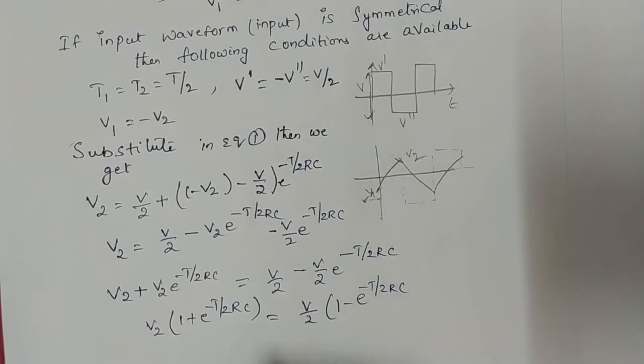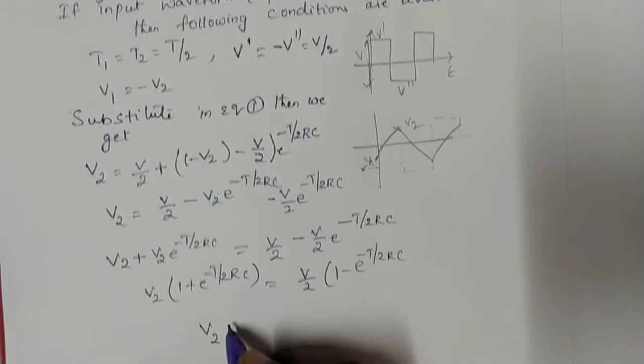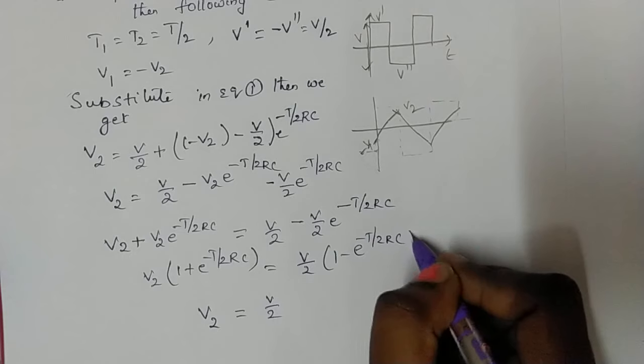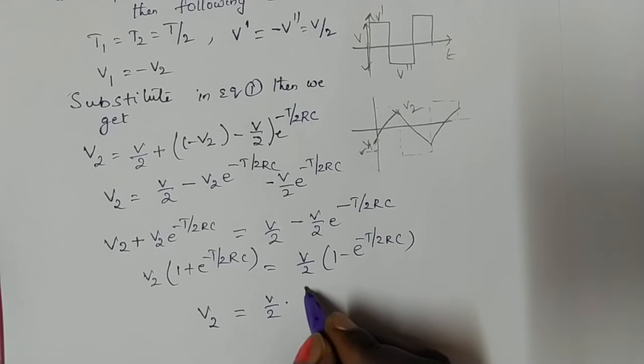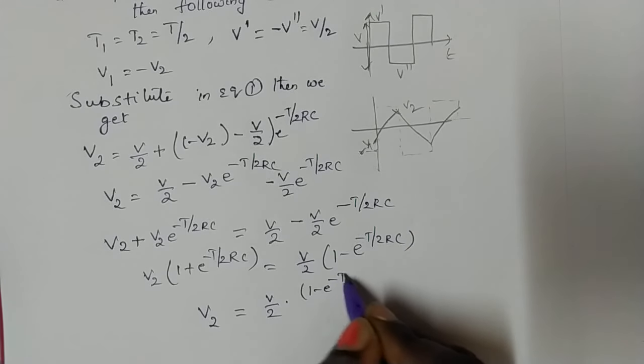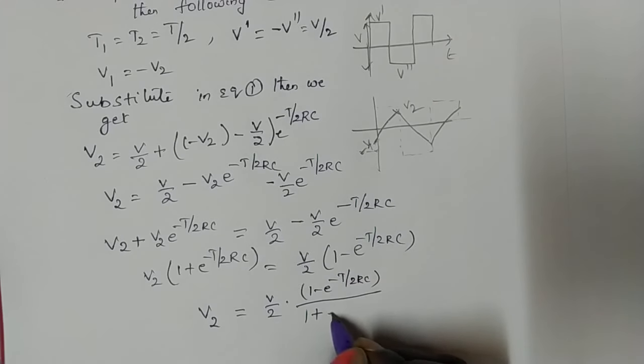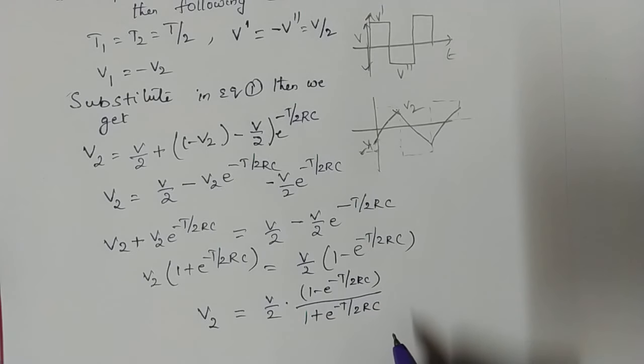Now v2 equal to v by 2 into 1 minus e power of minus t by 2 RC by 1 plus e power of minus t by 2 RC. Understand? Now simplify this term.